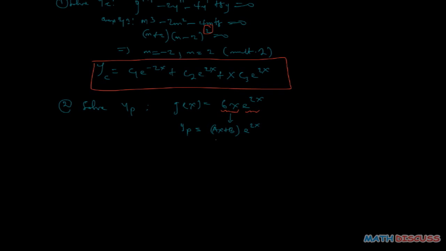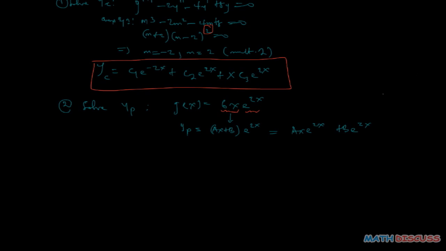But before you use the particular solution, you must verify that the terms in a particular solution have no twin in the complementary function. If you rewrite this, it is the same as ax e to the power 2x plus b e to the power 2x.